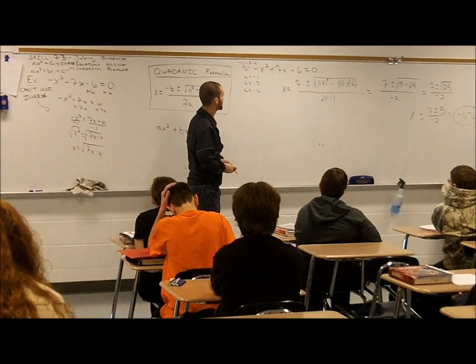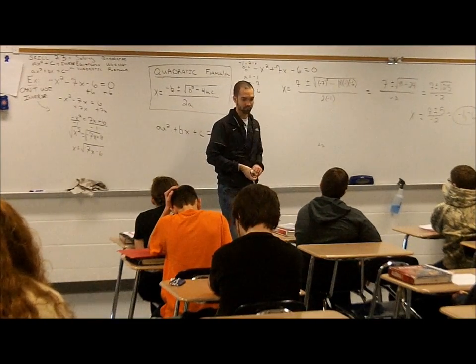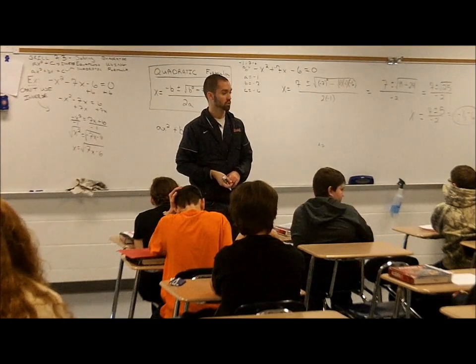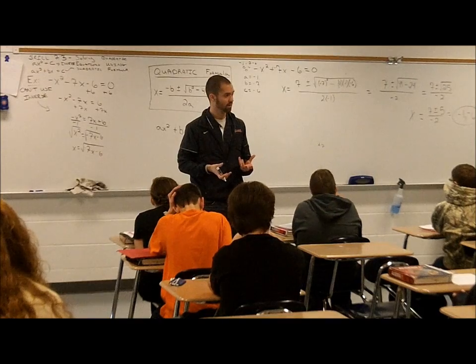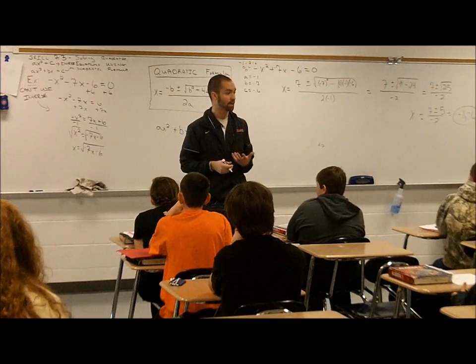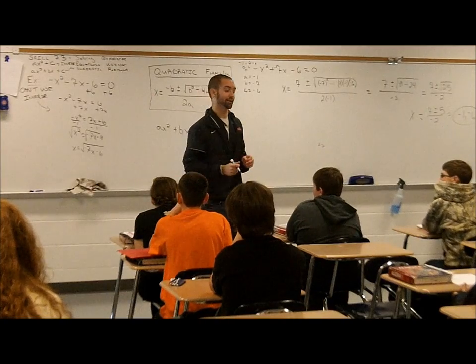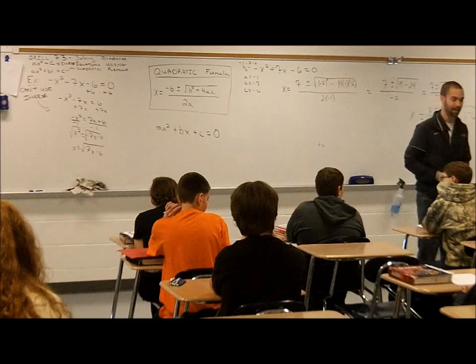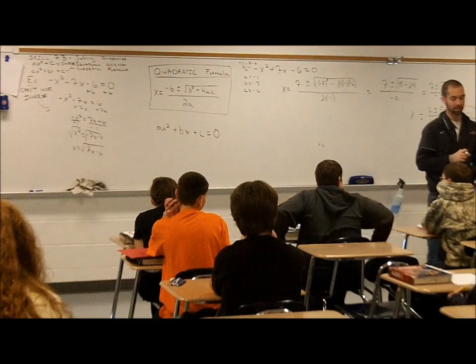Same thing, you plug in negative 6. Okay? It's going to work out. So was that bad? Was it a little lengthy? Yes. Yeah, it was lengthy, but I guarantee you, it will get you the solution every time. Every time.